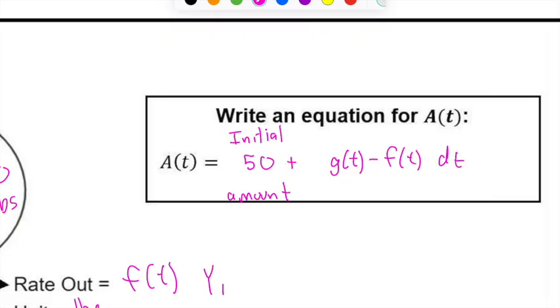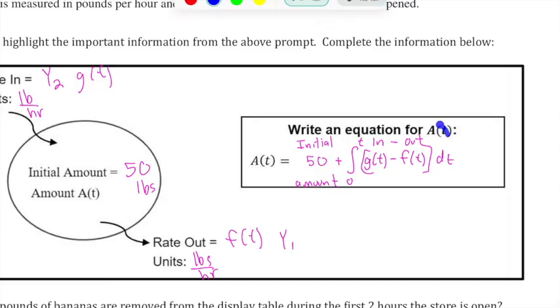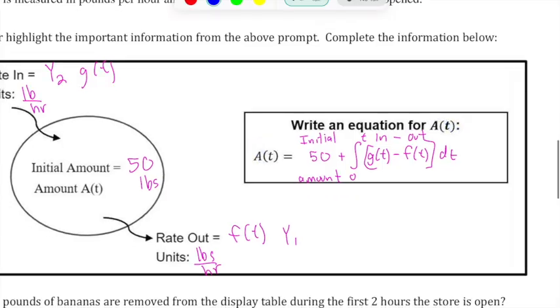And we do have to take the area from 0 to the time that we want. So this is the amount coming in, subtract the amount going out. The reason we do an integral is because an integral, if you recall, is the summation of a bunch of values. So we're adding up all of the bananas that are put on and subtracting all the bananas that are taken off. This is the formula that we're going to use.